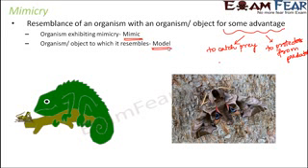The black color of the moth kind of blends with the black color of the surroundings. So it becomes very difficult for the predator to detect the presence of this moth, and that way these melanic moths are benefited, it helps in their survival. So it is an advantage for them. So here the moth again is the mimic and the surroundings is the model. So these are certain examples where we see mimicry.